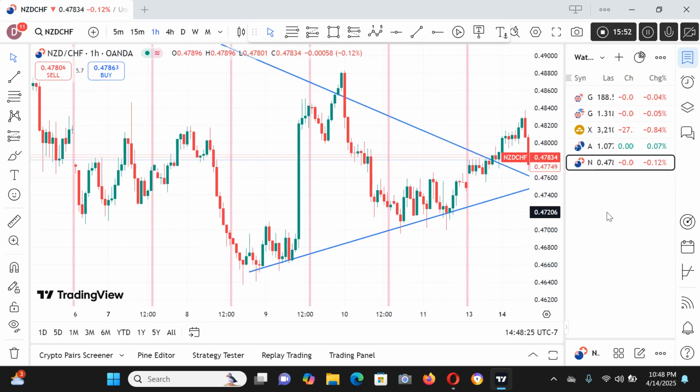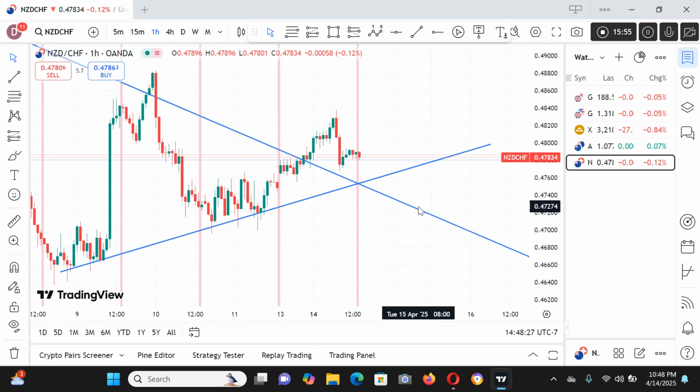So on the 1 hour time frame, it's telling us that the market is on an upward move, but the daily and 4 hour time frames are telling us that the market is on a downward move. So we will sit carefully on our hands and wait to see how the market plays out.